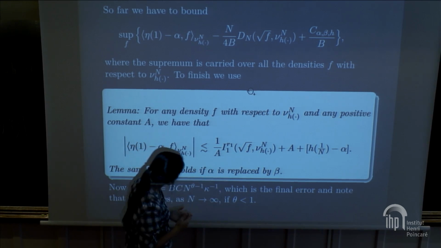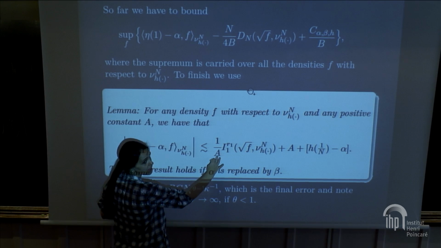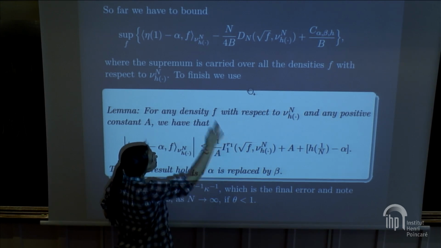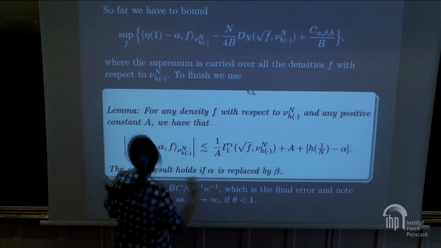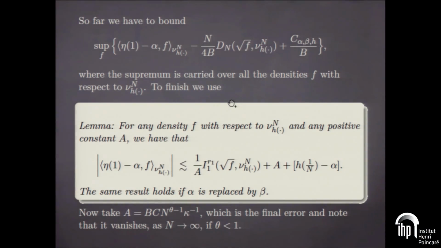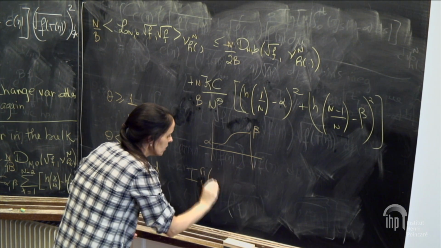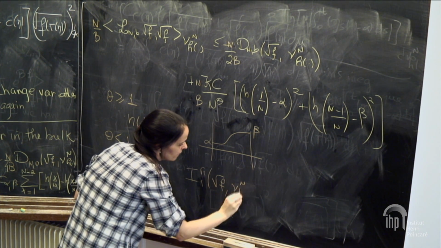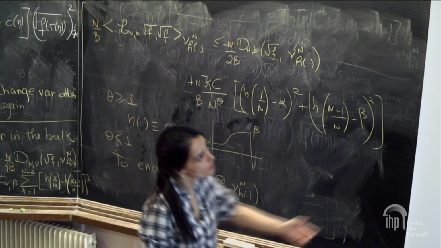And now what we do is let's choose a proper A in such a way that this term cancels with the part from the Dirichlet form from the left. Okay? So, to end, what is the notation I used? I1, R1, over A. This is what I have from this side of the equation.